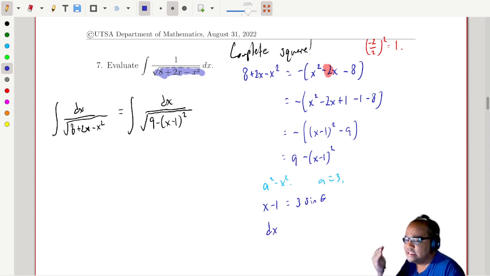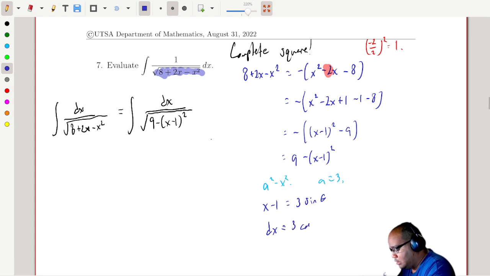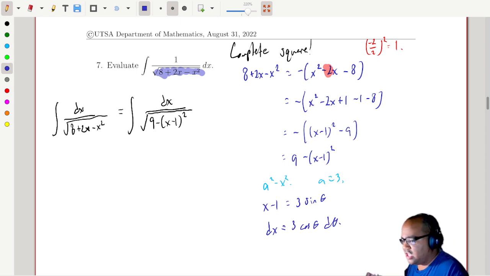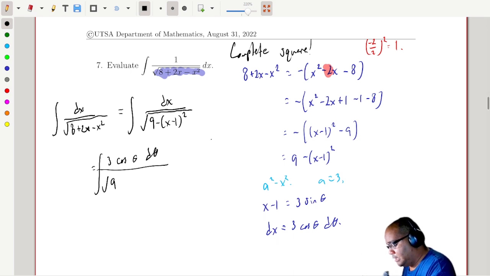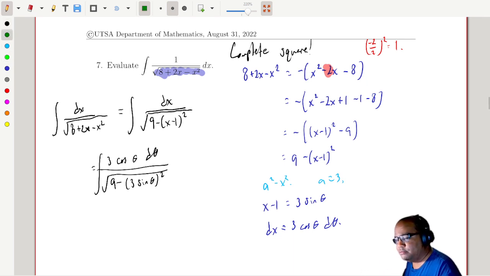Remember that the derivative of a constant is 0. So dx equals 3 cosine of theta d theta. Now we just replace just like we've always done. dx is 3 cosine of theta d theta, and on the bottom, 9 minus, well, x minus 1 is 3 sine of theta, squared. I'll do another side calculation here, just like I did in the last problem.